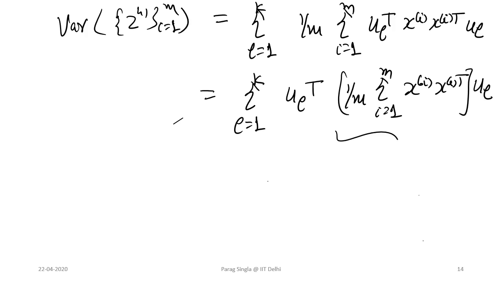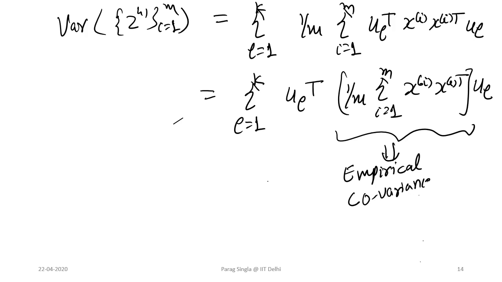And this expression is interesting, because, as we'll see more in the next class, and it should not be difficult to see for most of you, it is nothing but the empirical covariance matrix of the data. So given the data, which is your xi, i equal to 1 to m, this is nothing but the empirical covariance matrix.